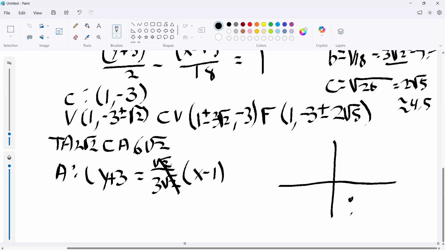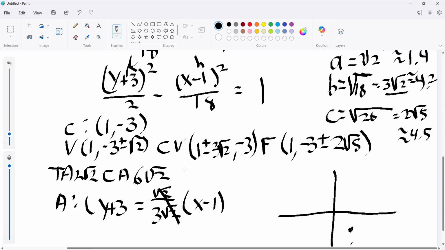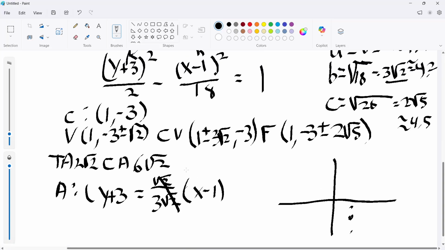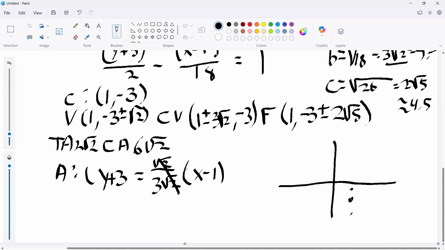And -3 plus 1.4 is -2.6. So somewhere around there. And then the covertices are 1 plus or minus approximately 4.2. So 5.2 at -3, somewhere around there.